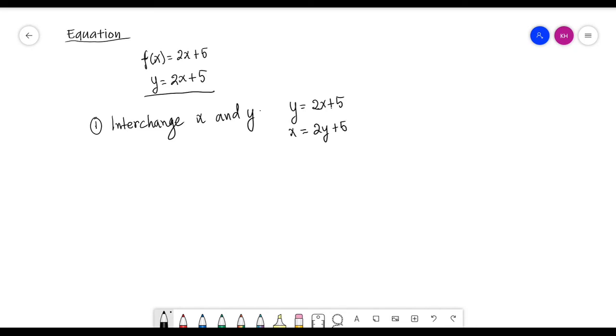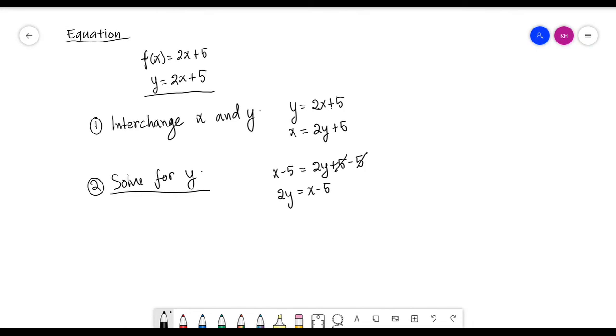And then the next step would be to solve for y. Now, after interchanging, you're going to solve for y. So we can take out the 5 from both sides. We're going to end up having x minus 5 equals 2y plus 5 minus 5. So that cancels out, and you're left with 2y equals x minus 5.